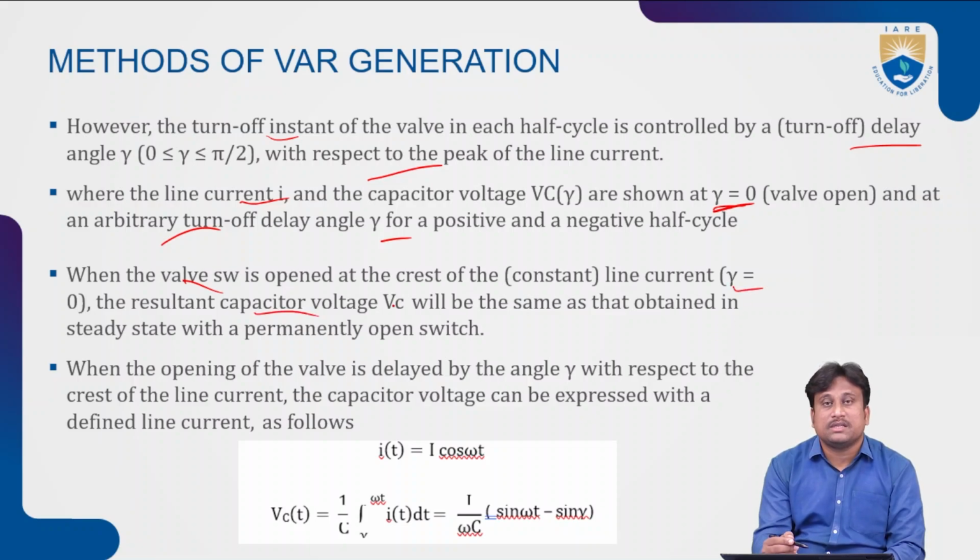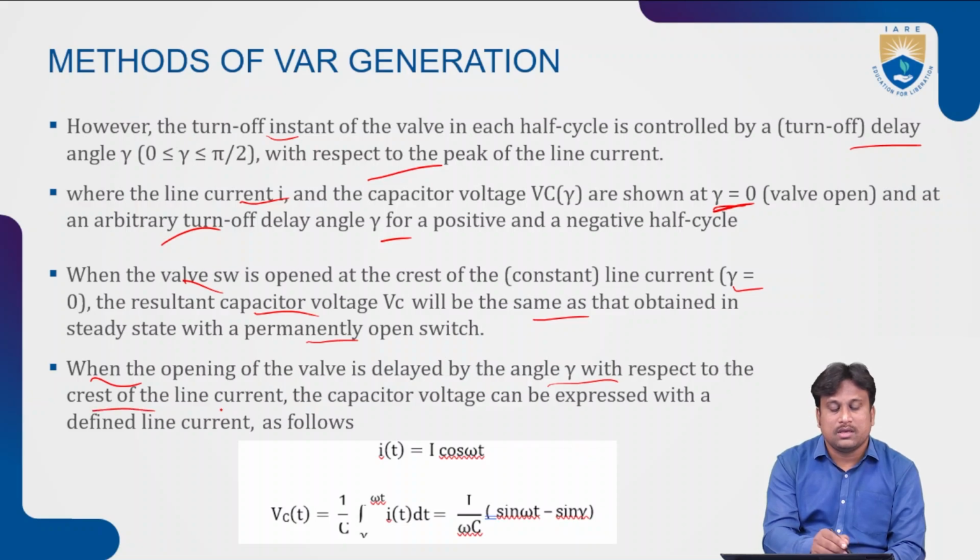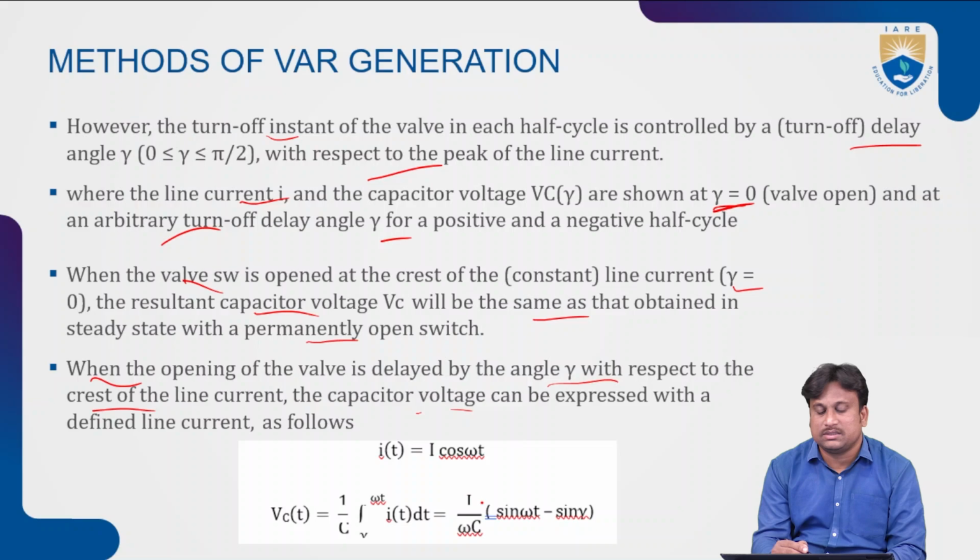The resultant capacitor voltage Vc will be the same as that obtained in the steady state condition with the switch permanently open. When the opening of the valve contacts is delayed by the angle gamma with respect to the crest of the line current, the capacitor voltage can be expressed for a definite line current i of t as I cos omega t.